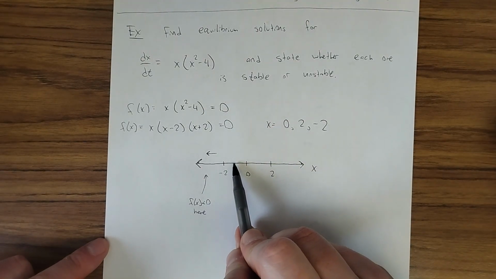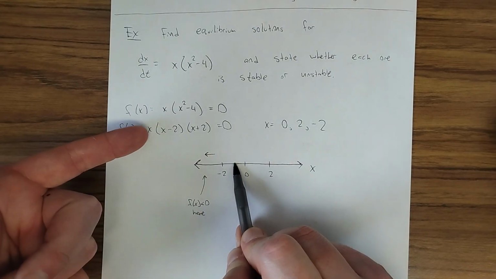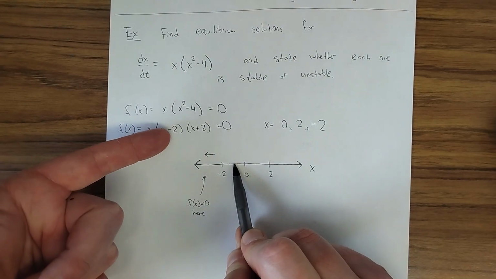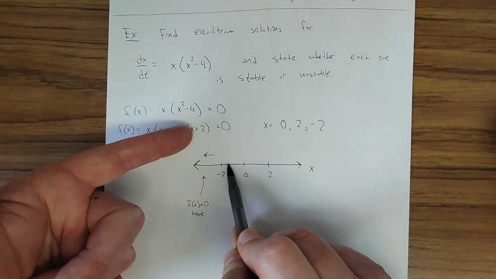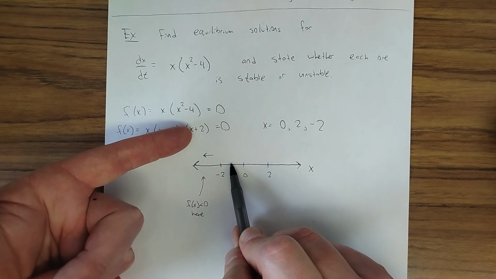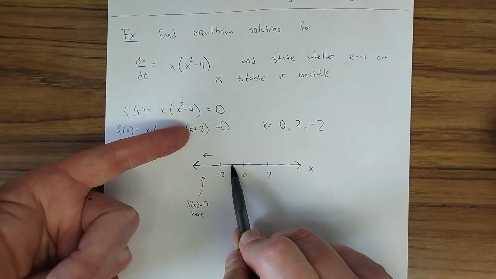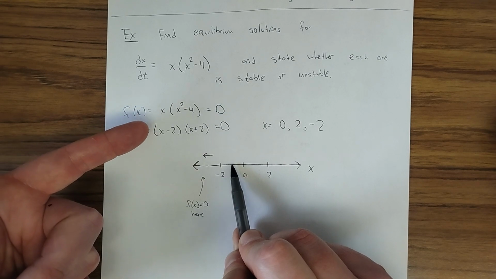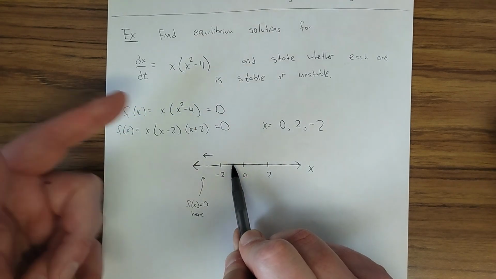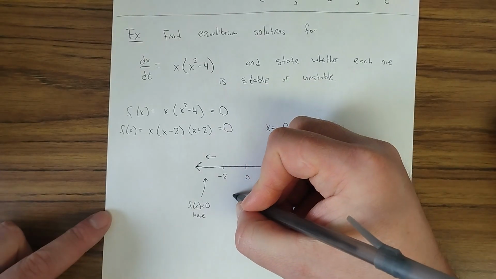In between here, x is negative, x minus 2 is also negative, but x plus 2 would be positive if I'm plugging in a value like, I could imagine x is just -1, for example. So summarizing again, I would have negative times positive when I'm in this interval.